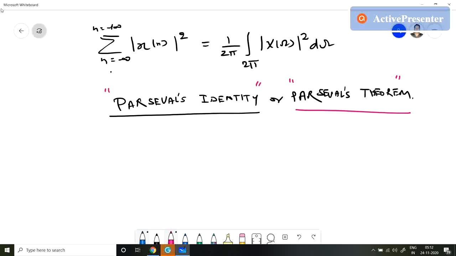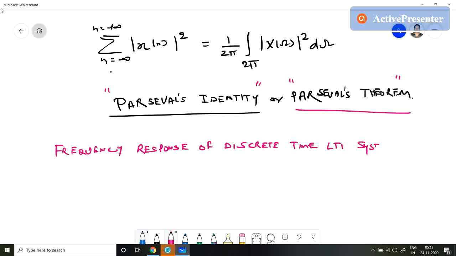Let us discuss the frequency response of a discrete time LTI system.